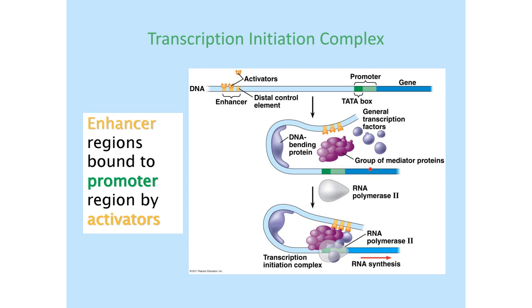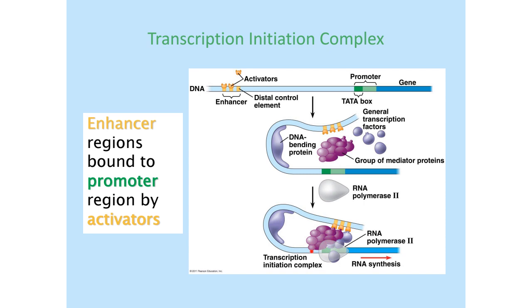And that is because the DNA will bend like a hairpin. So the activators present bind to the enhancer. Activators are proteins, enhancer is a DNA sequence. Once they do that, they help recruit these mediator proteins. You also have these general transcription factors that bind to areas of the promoter, and they interact with the mediator proteins.